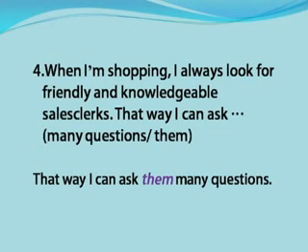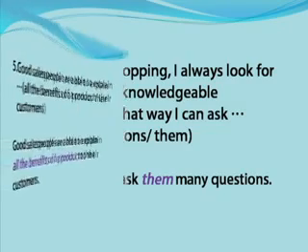Example 4. When I am shopping, I always look for friendly and knowledgeable sales clerks. That way I can ask them many questions. So you have to write down like this. That way I can ask them many questions.